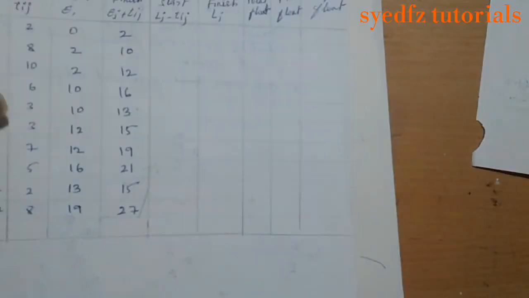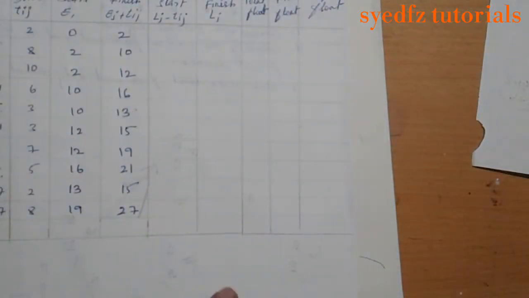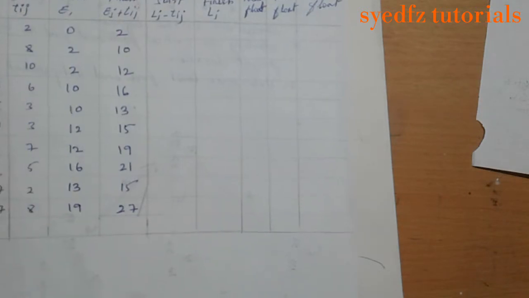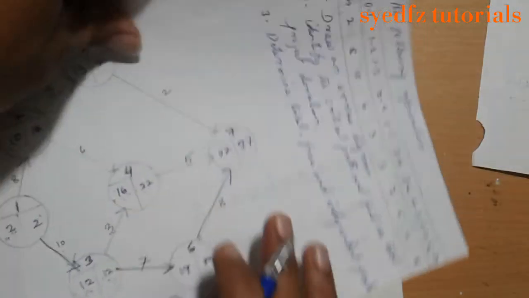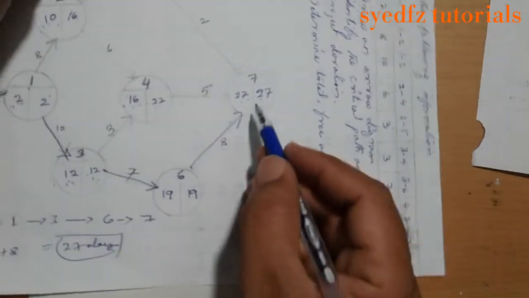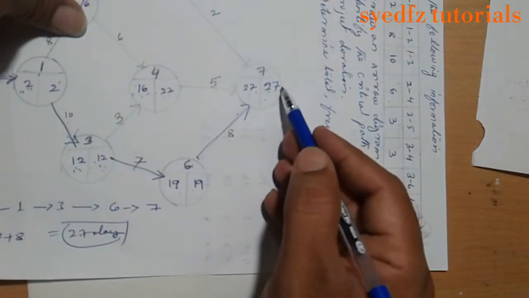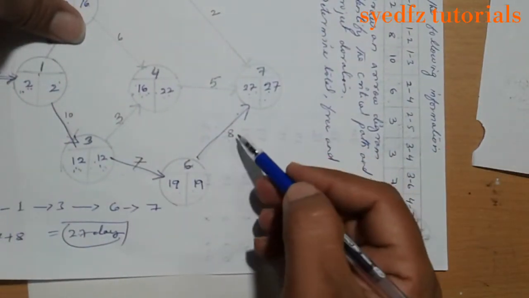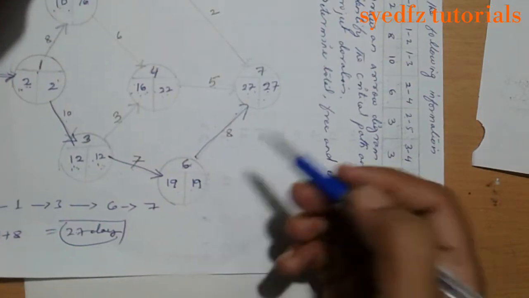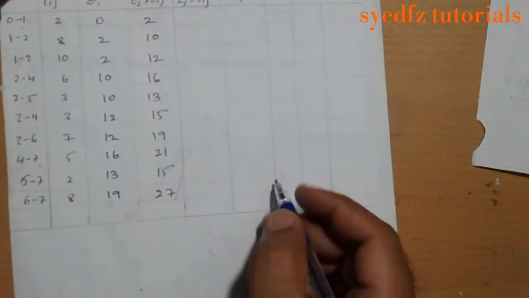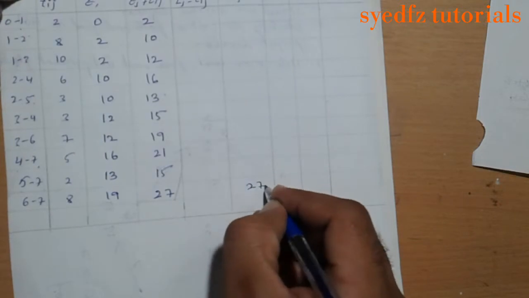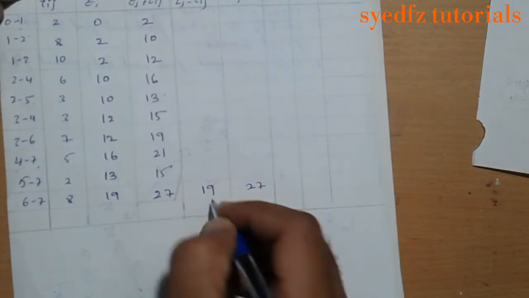What about the latest times? For the latest we have to start from the downside, and we will get them easily. First check 6 to 7. Finish on 27, after deducting 8 we are getting 19.